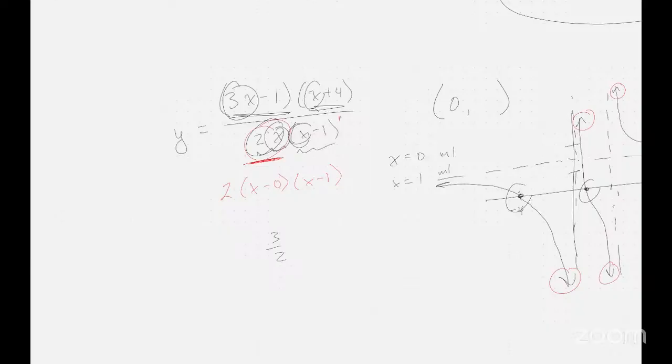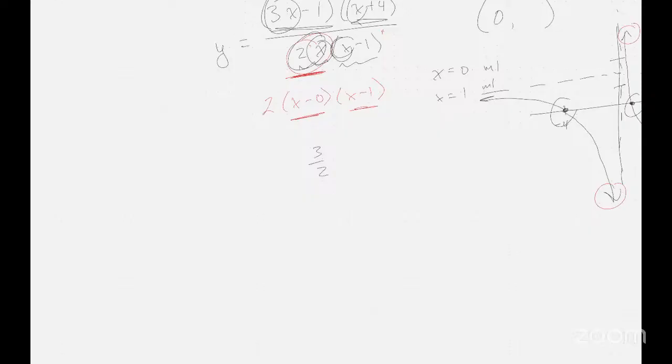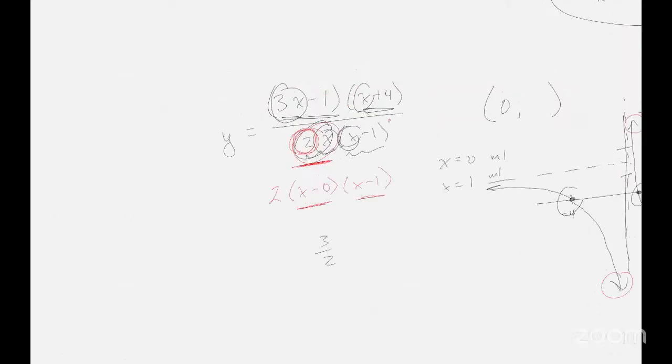Yeah, it's the zero product property. Think of it like that. When stuff's just not in parentheses, like the 2, it doesn't have an impact on the zero product property, because that's just by itself. But the x does, because the x is like x minus zero.